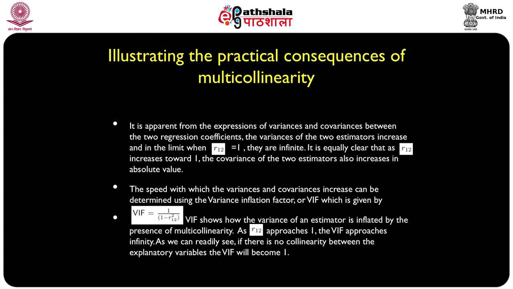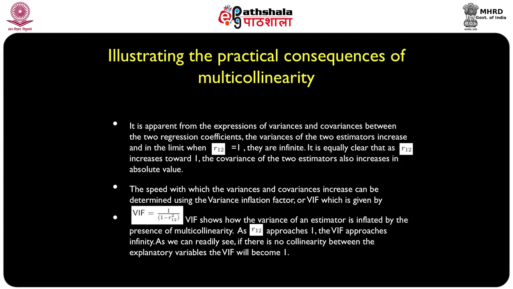Now it is apparent from the expressions of variances and covariances of the two regression coefficients that the variance of the two estimators increases as r12 increases, and in the limit when r12 equals 1, they are infinite. It is equally clear that as r12 increases towards 1, the covariance of the two estimators also increases in absolute value.